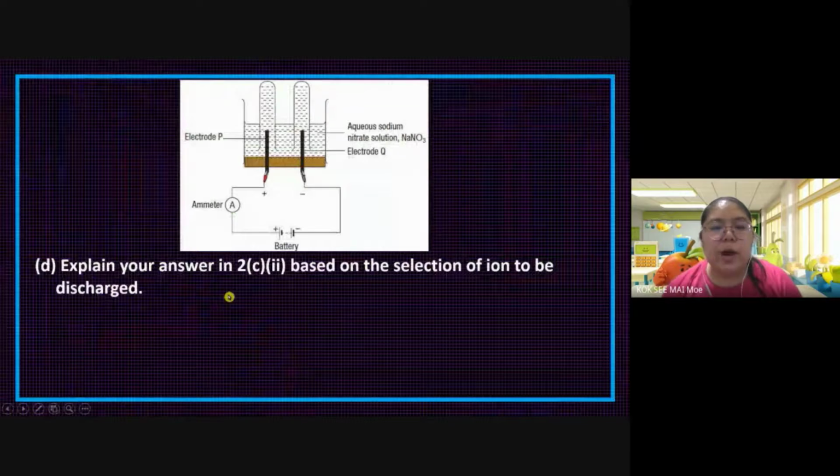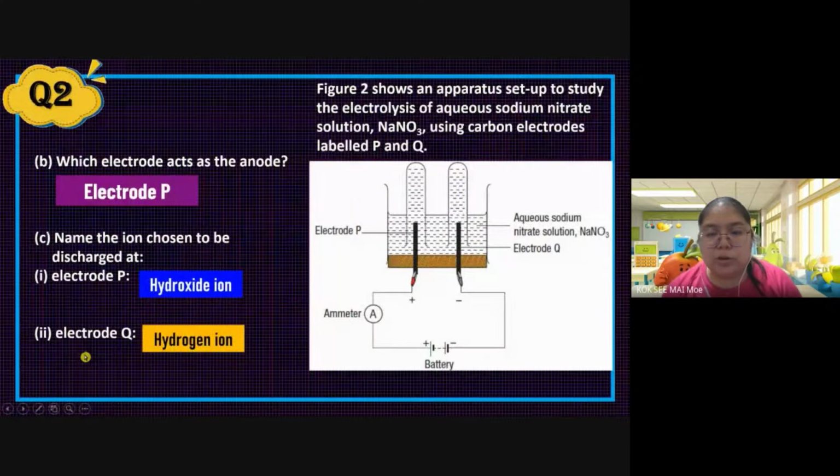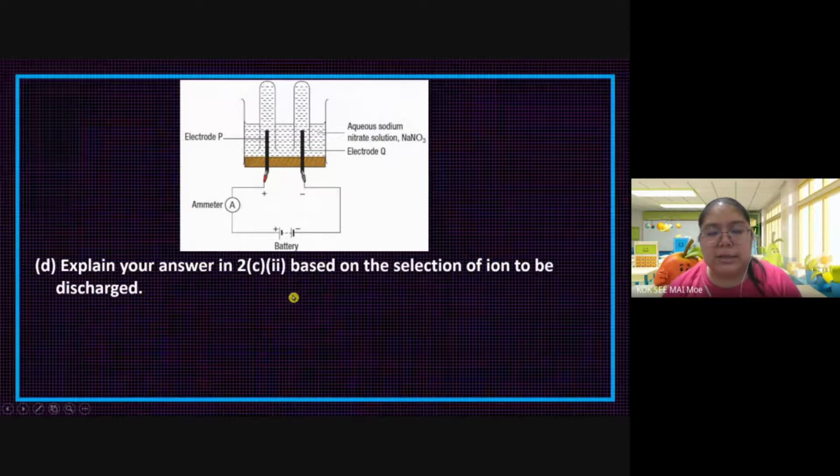Explain your answer in 2C2. 2C2 is about the cathode, that is Q. Explain your answer based on the selection of the ion to be discharged. Why do we choose hydrogen to be discharged?